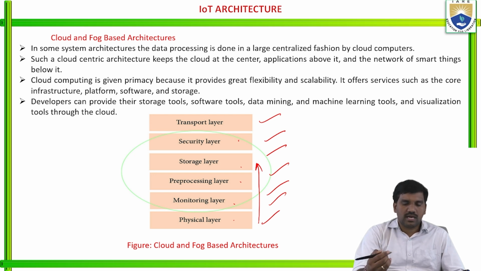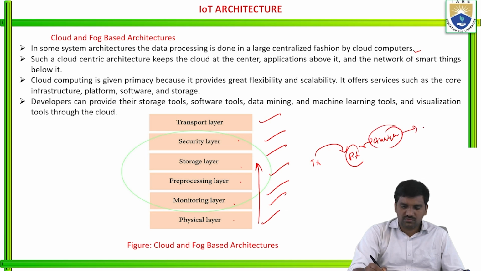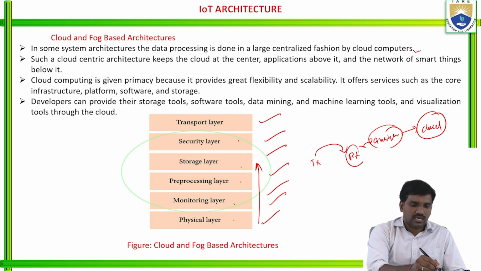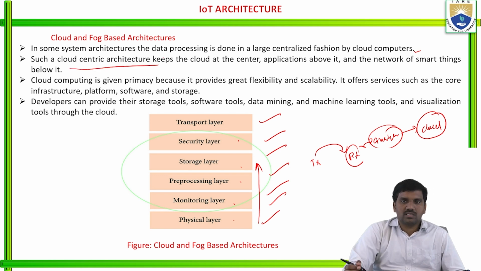In some architectures, the data processing is done in a large centralized fashion by cloud computers. From transmitter to receiver, after receiving, it analyzes the data, and after the analysis is over, we have to store the information in the cloud. In the cloud-centric architecture, the cloud is kept at the center, applications above it, and the network of smart things below it.